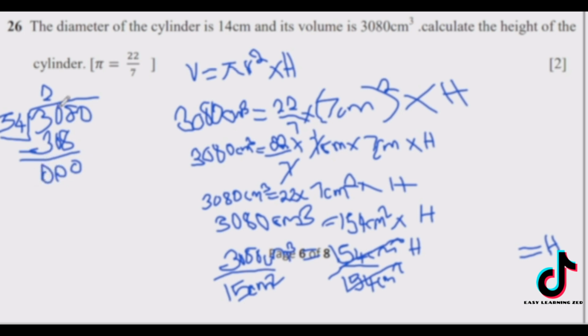Since there is no non-zero number that we can drop here, our calculation has ended. This 0 hasn't been used, so we lift it and put it here. Then the answer will be 20. Now I'm going to write 20 here.